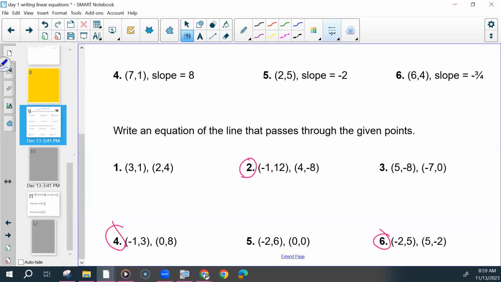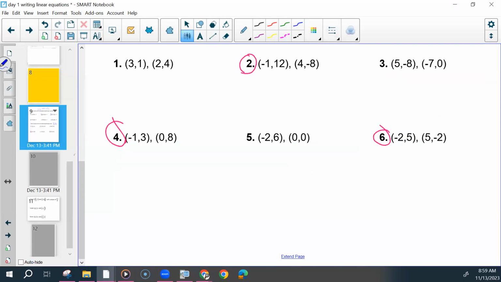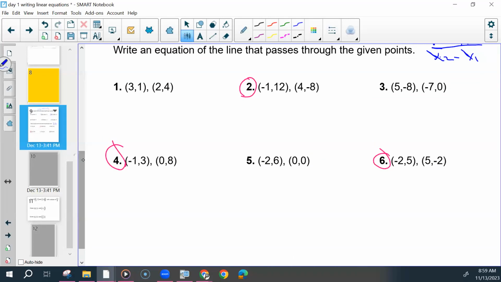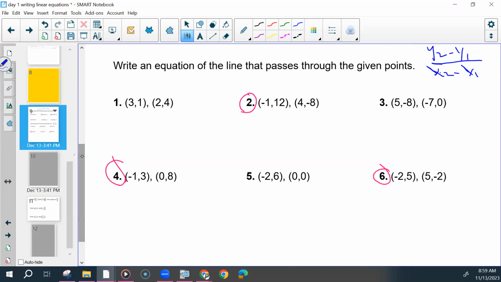So reminder, to find our slope, we're using y2 minus y1 over x2 minus x1. If you need to label them, you can do that. So let's find the slope of number 1.